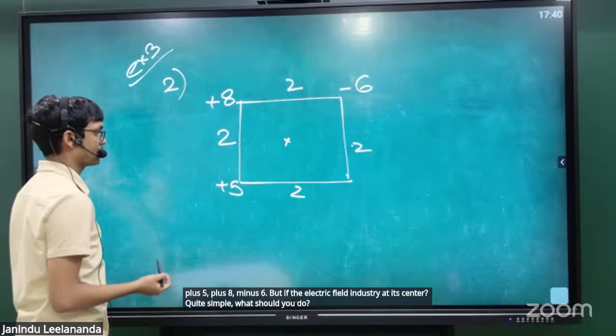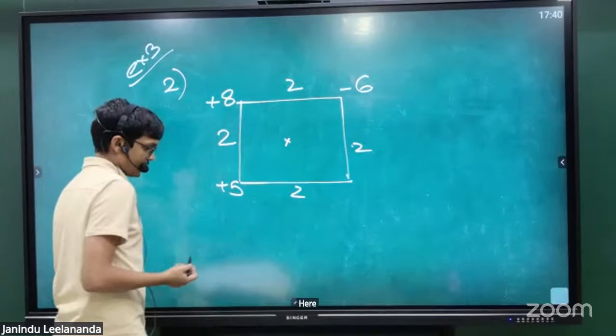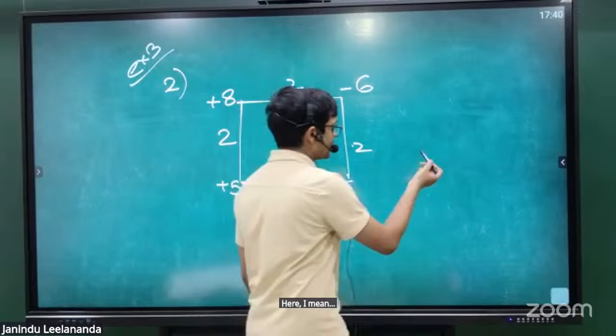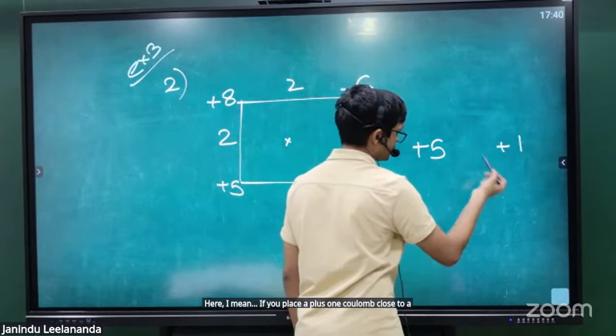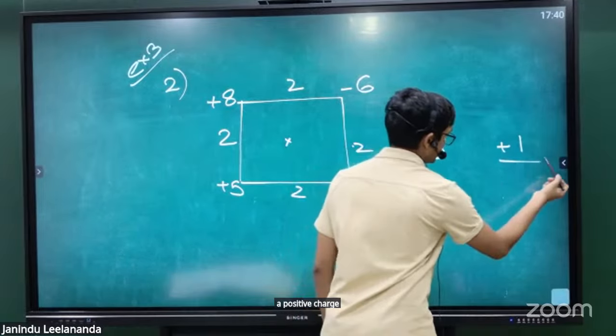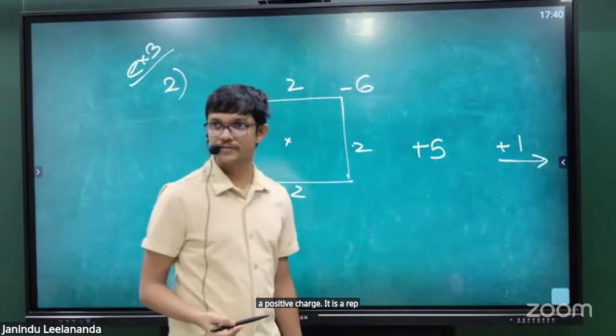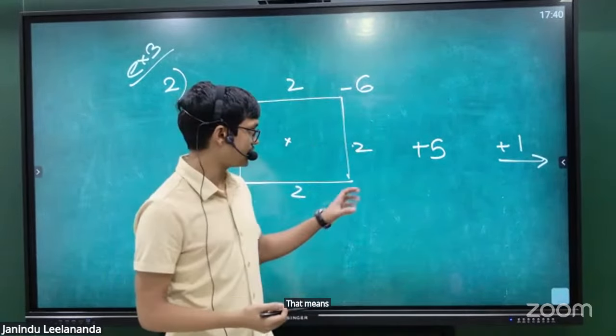If you place a +1 coulomb close to a positive charge, it is a repulsive force, right? That means field intensities are away from a positive charge. Why? Field intensity is the force on a +1 coulomb. Clear? So the field intensity from this +5 would be in this direction.